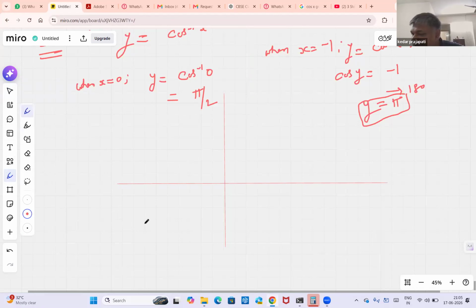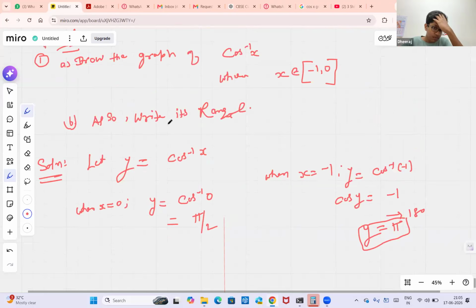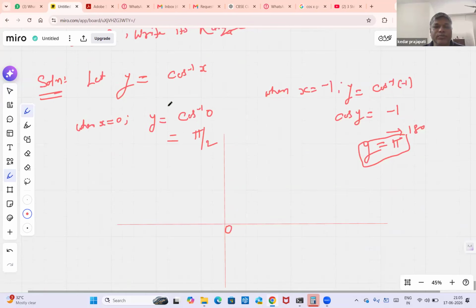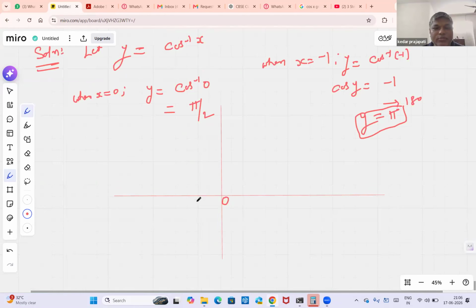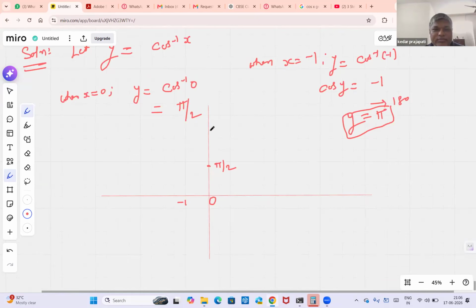Now I need to draw the graph. So this is 0, and x is from minus 1 to 0. Only minus 1 to 0 I have to draw. At 0, it is pi by 2. So suppose pi by 2 is somewhere here, and another point is pi.